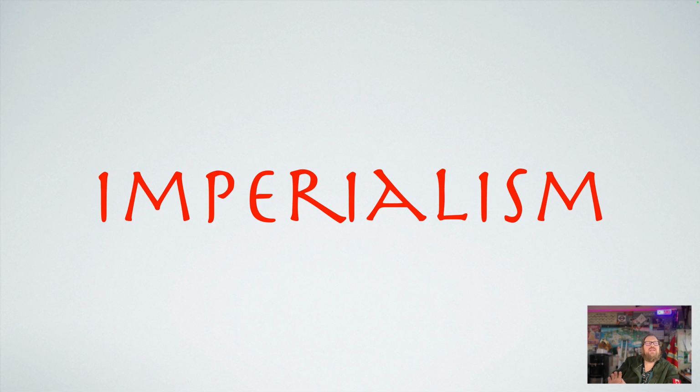Okay, so imperialism, as is stated in your book, is the policy of a stronger nation to dominate a weaker nation or weaker nations economically, politically, militarily, and culturally to create an empire. Europe had control over a lot of territory in places like Africa and Asia, where there weren't a lot of very rich, very powerful countries.